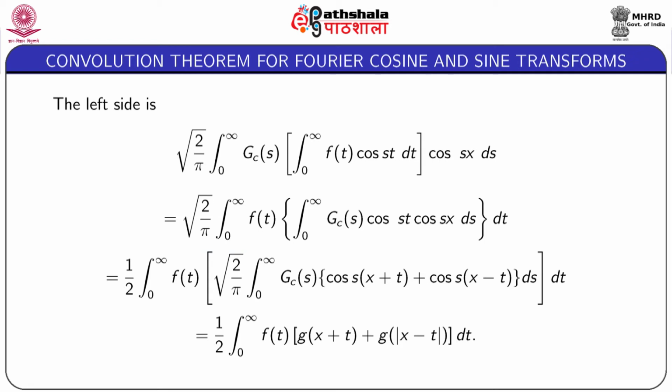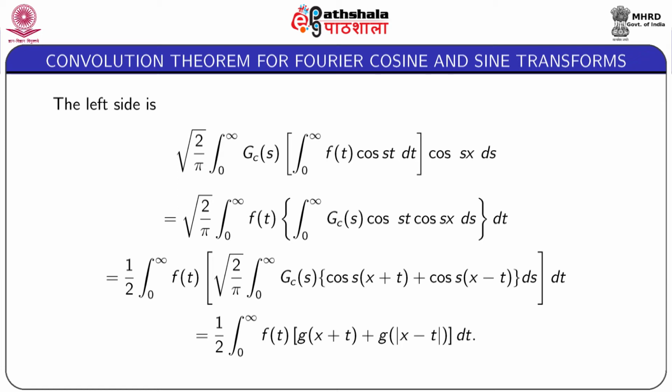Here we have changed the order of integration so that the s integral becomes the inner integral and the t integral becomes the outer integral. Now, we use the formula for cos st into cos sx and write this step as half of integral 0 to infinity f(t) into root over 2 by pi integral 0 to infinity GCS into [cos s(x plus t) plus cos s(x minus t)] ds dt.